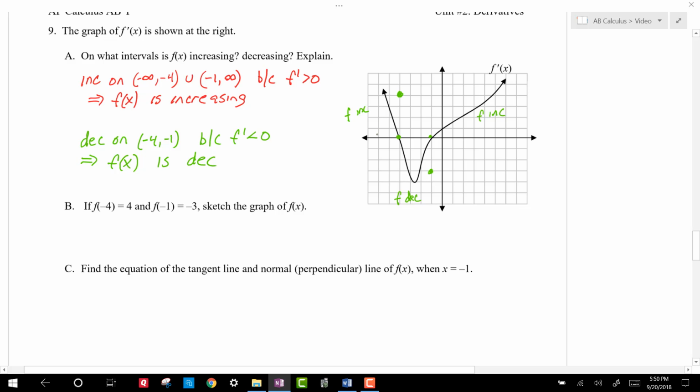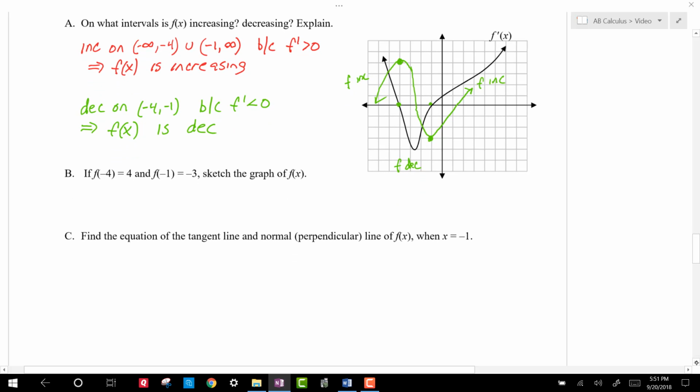At the bottom point down here at negative 1, negative 3, my derivative goes from negative to positive, which means f goes from decreasing to increasing. So this guy's going to roll down here and I'm going to end up with a min right there, and then go to increasing as the graph heads off to infinity. I should probably have an arrow over here too. So f of x would look something like that.